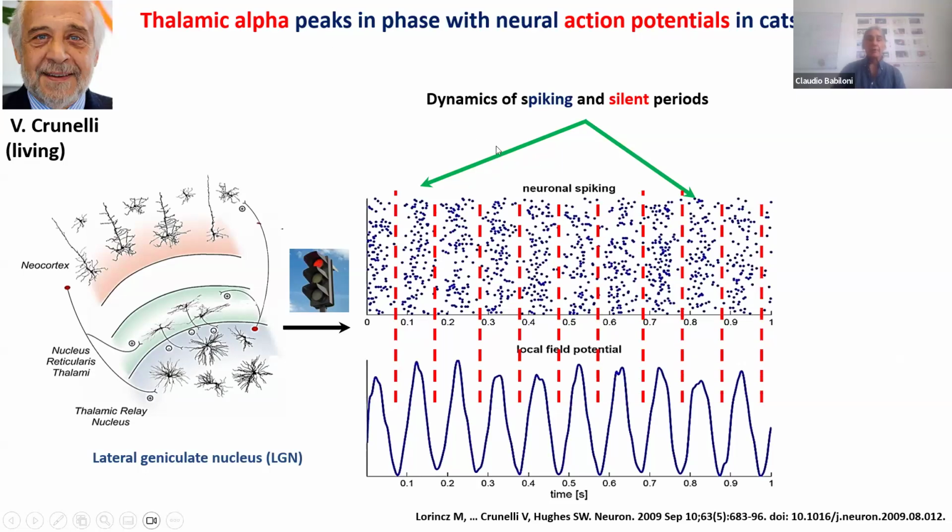The group of Vincenzo Crunelli was able also to establish an association between the peaks of alpha rhythms in the local field potentials recorded from the thalamus or cerebral cortex and the spikes of the single neurons of the cerebral cortex and thalamus.